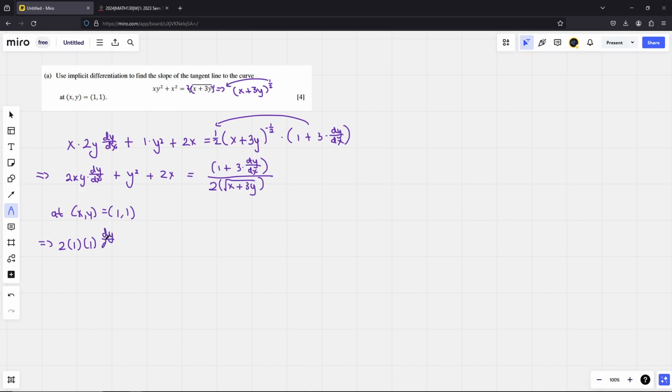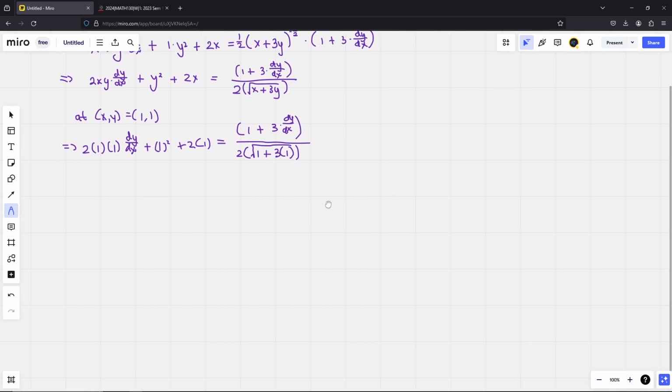So doing that, 1 times 2 dy by dx plus 1 squared plus 2 into 1, that's going to be equal to 1 plus 3 times dy by dx all over 2 into the square root of 1 plus 3 into 1.